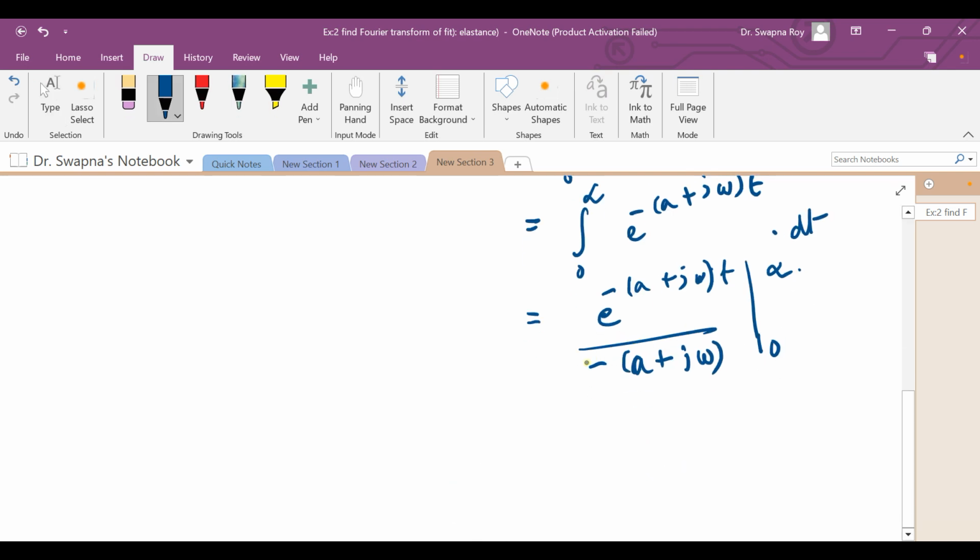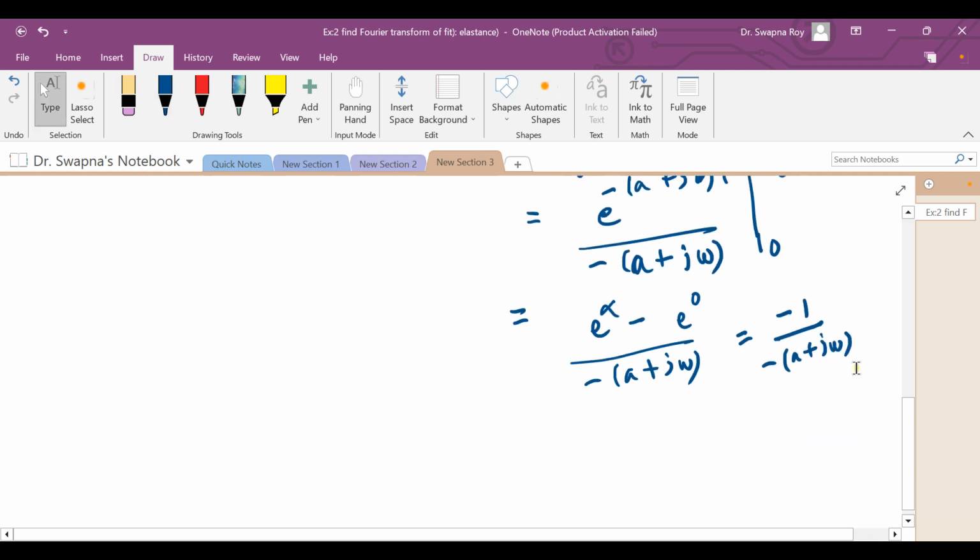So this is equal to e^(-infinity) minus e^0, divided by minus (a + j omega). e^(-infinity) is equal to 0, and e^0 is 1, so this is equal to minus 1 divided by minus (a + j omega).